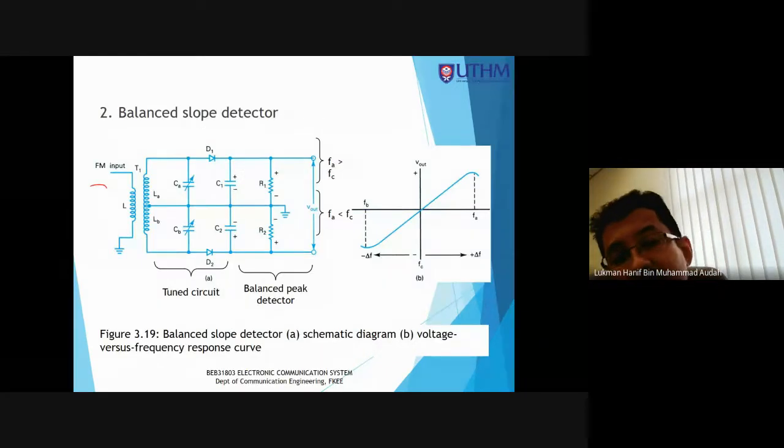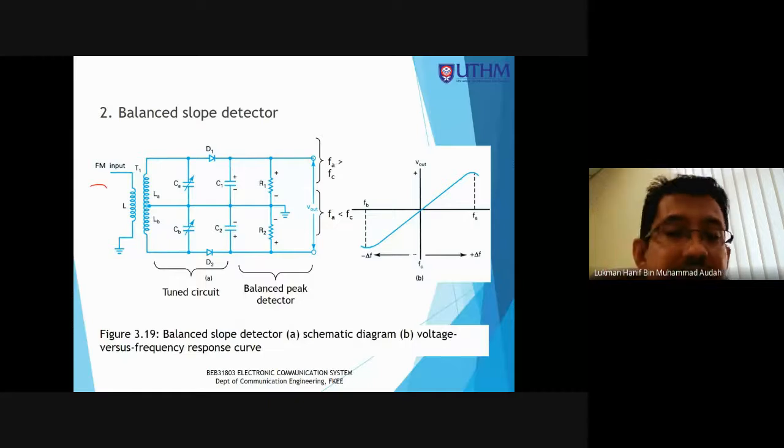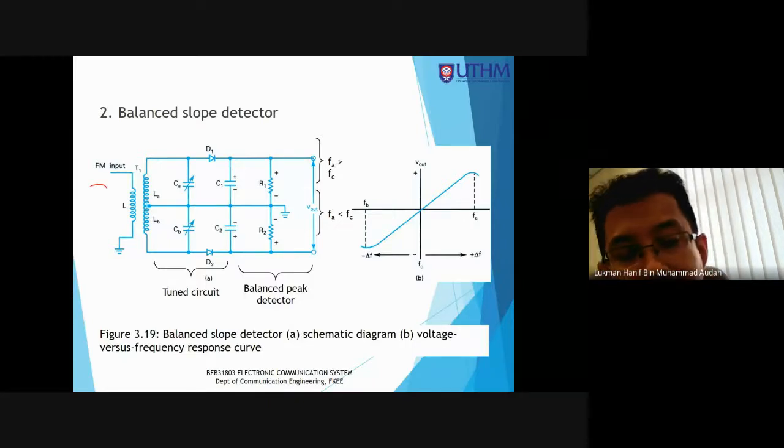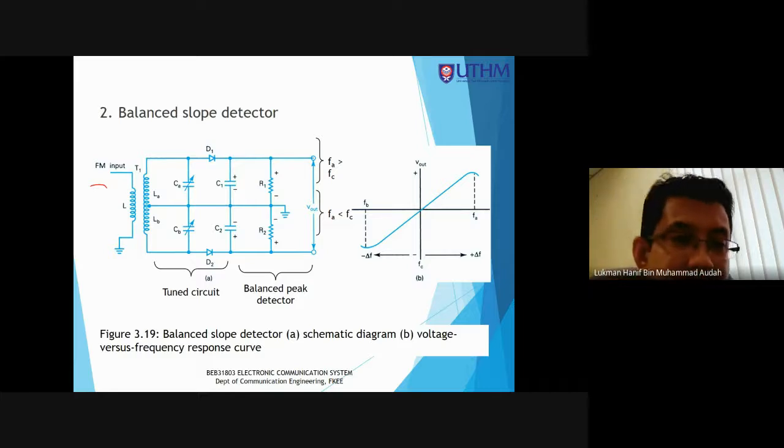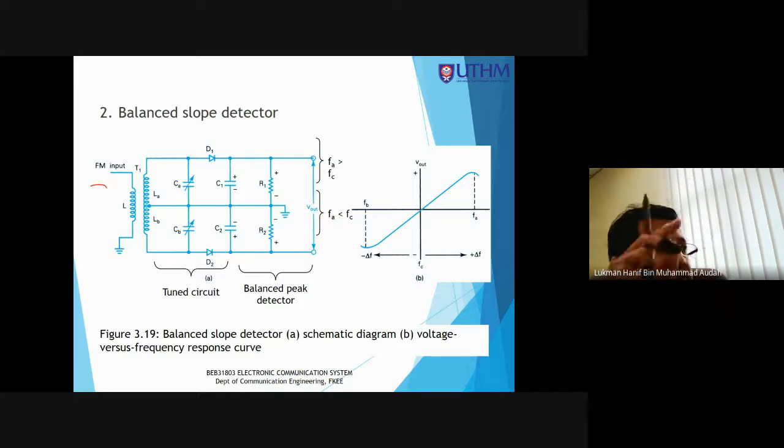And the second type is a balanced slope detector. So balanced slope detector, what happen is that dia ada dua bahagian slope detector. Okay, balanced slope detector consists of two slope detectors. Ada dua bahagian, ada dua slope detector.